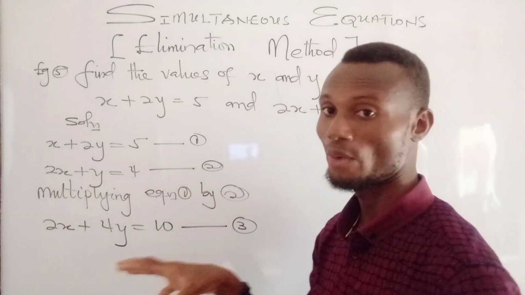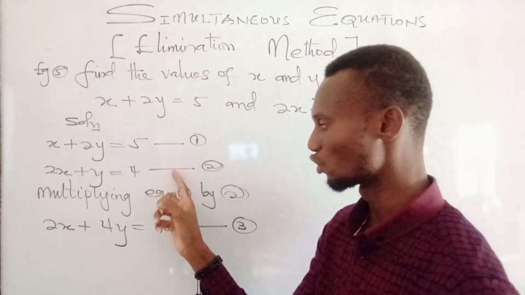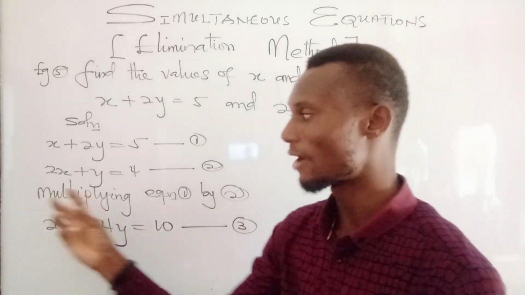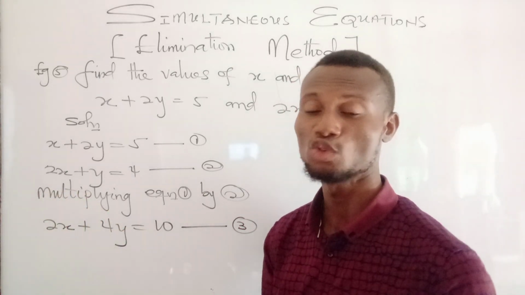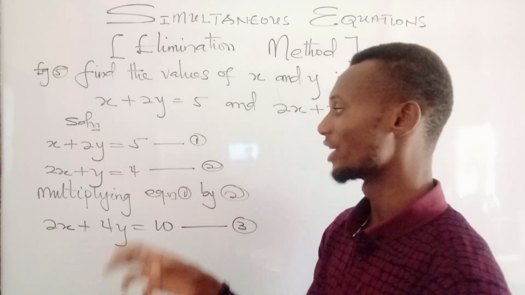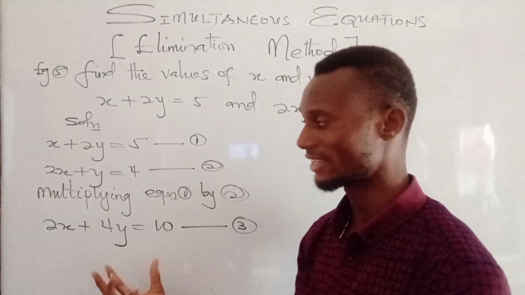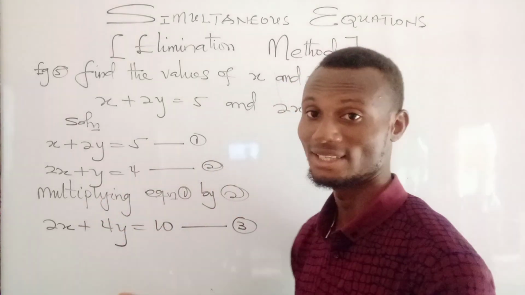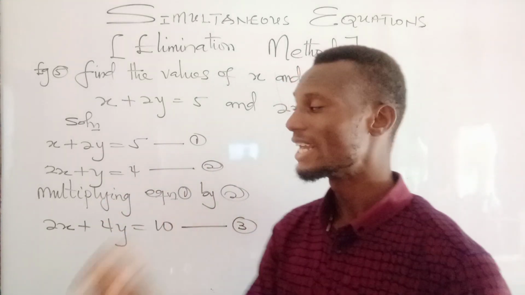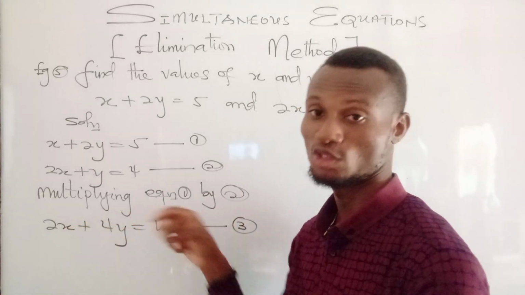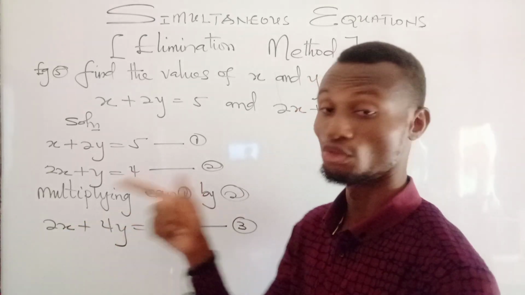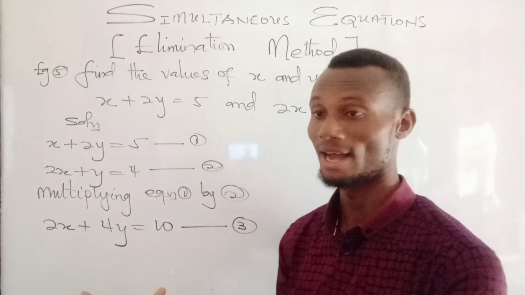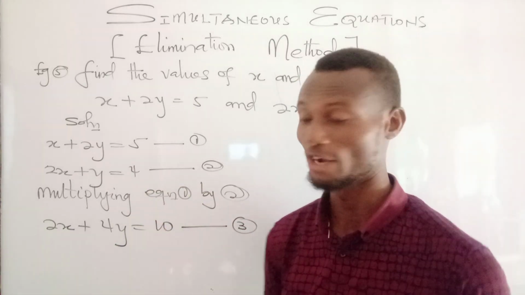So now we deal with equation 2 and equation 3, and to eliminate the variable s, you subtract equation 2 from equation 3, or you can do equation 2 minus equation 3. Either way you get the same answer. So let's go ahead and do it together.